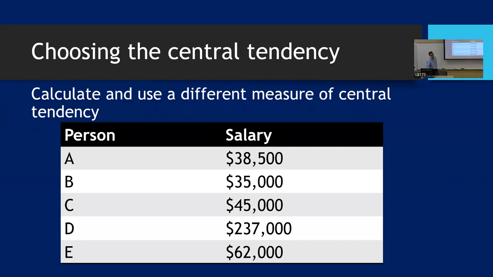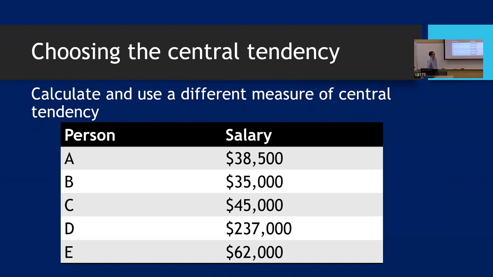And we talked about choosing central tendencies. Depending on which central tendency you choose, it can make the data set seem like it has bigger or smaller numbers. In this case, we saw that if you use the mean, it is, I forget, 80-something thousand, whereas the median is 45,000.